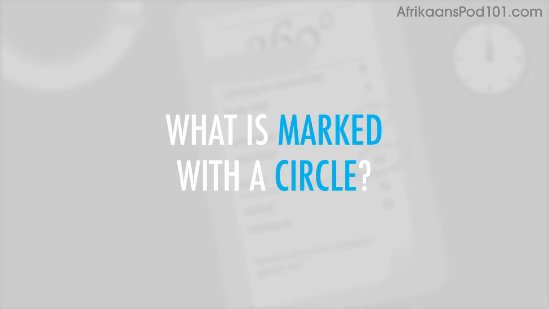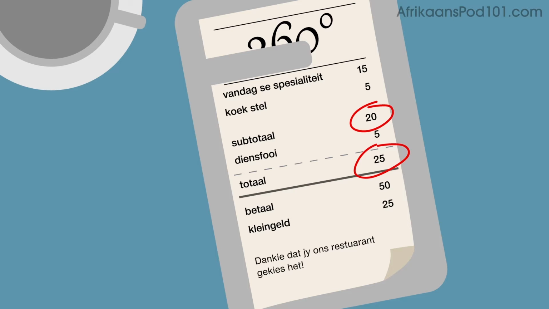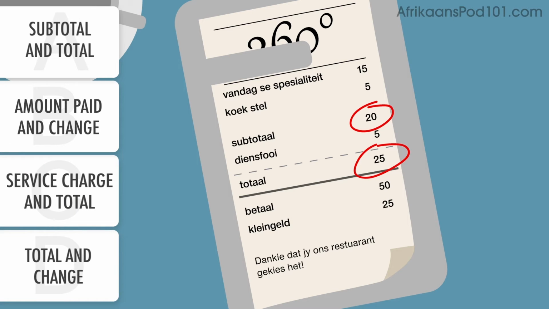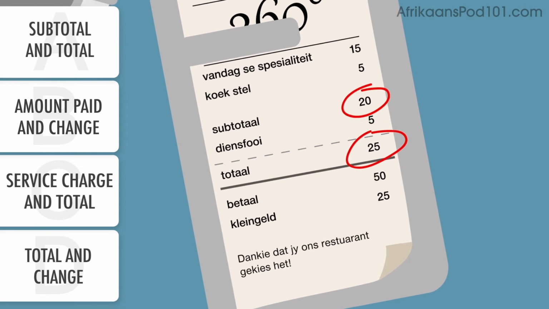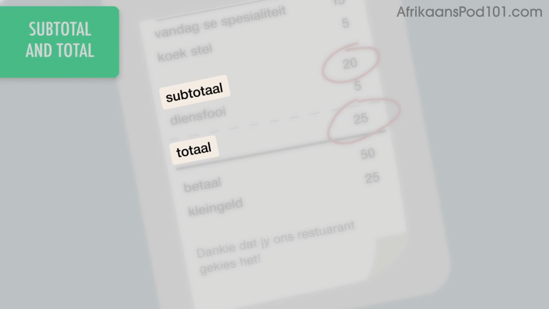What is marked with a circle? The circled parts of the receipt tell you the subtotal and the total. Subtotal. Totaal.